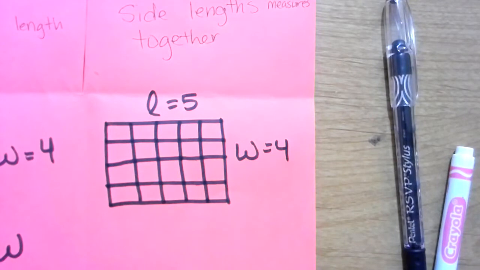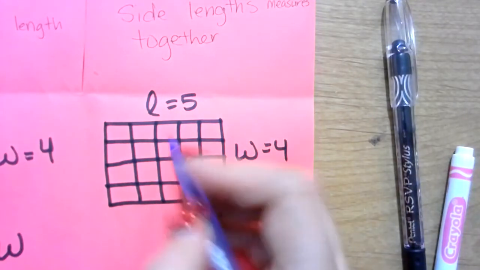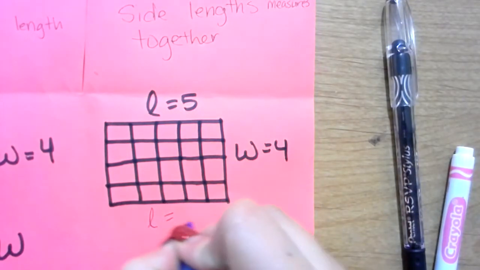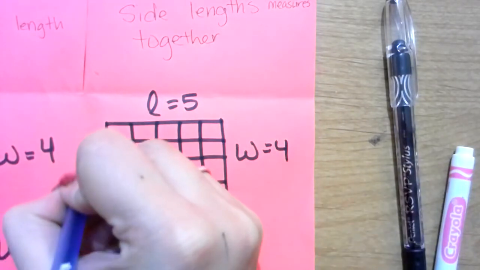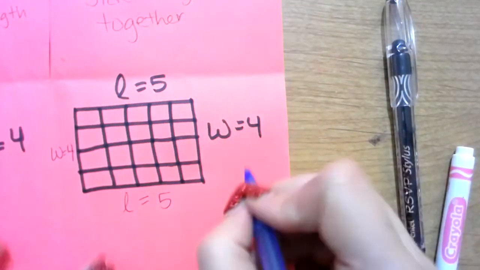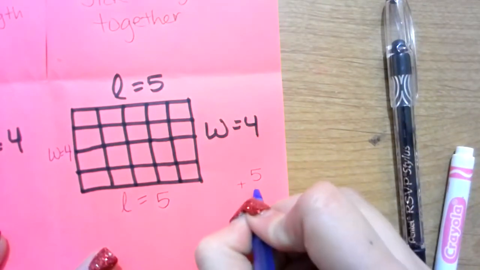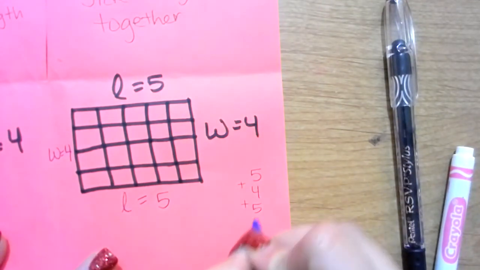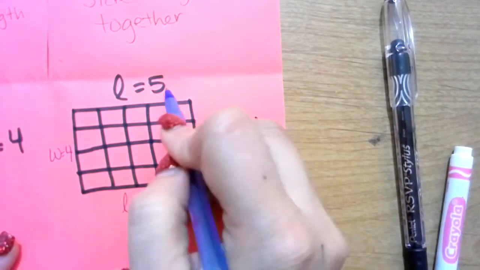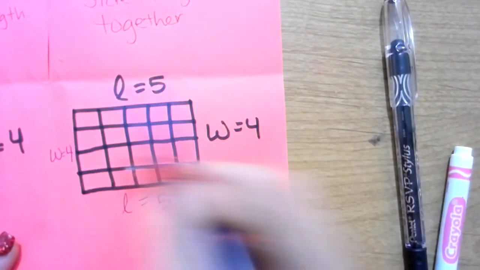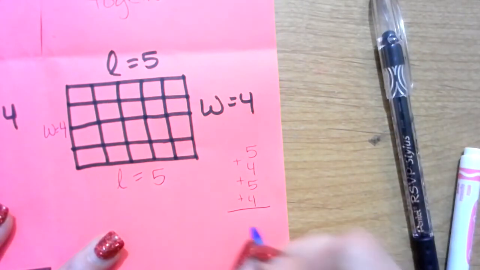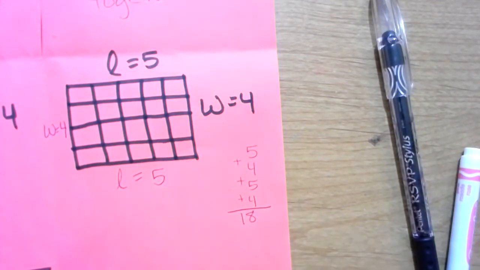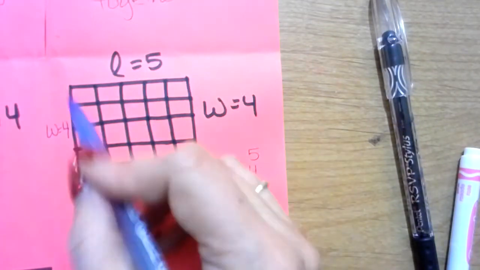I could simply go, okay, if this is a length, then the one across from it's a length. If this is a width, this is a width. And I could go, well, 5 plus 4 plus 5 plus 4. I just took this number plus this one plus this one plus this one. I just walked around and added them up. Well, 5, 9, and plus another 9 would give me 18. So that's what it's going to be, and I could bunny hop it.